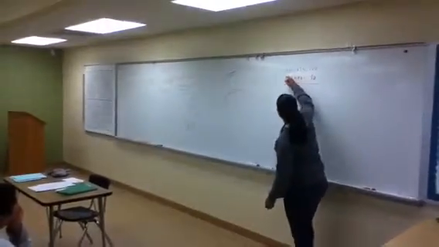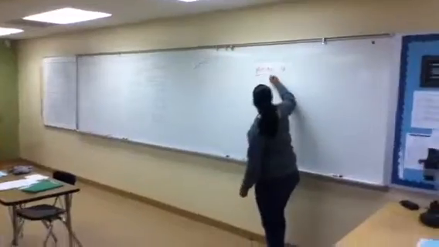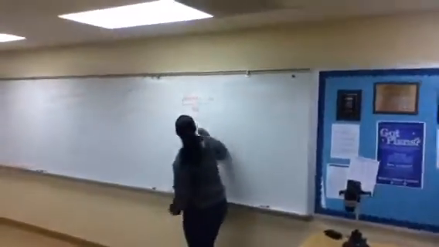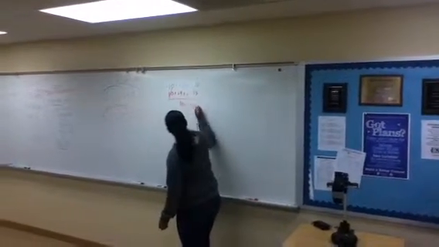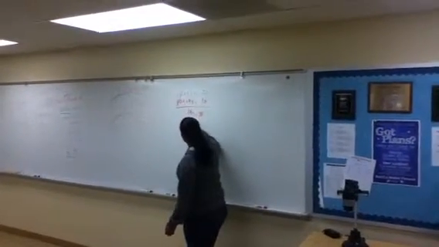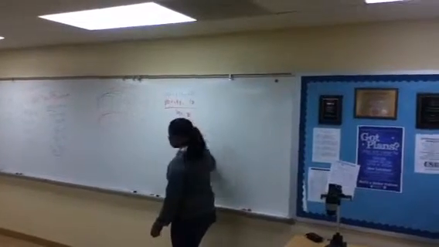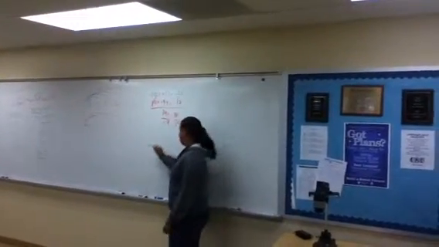So our x's cancel out. Then we get 19y equals 38. Divide each side by 19, and we get y equals 2.